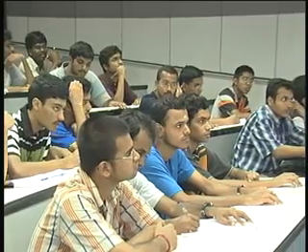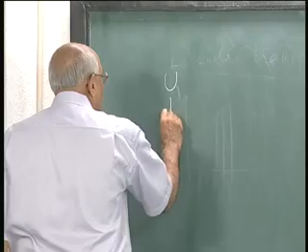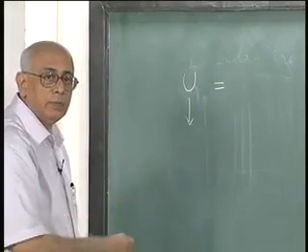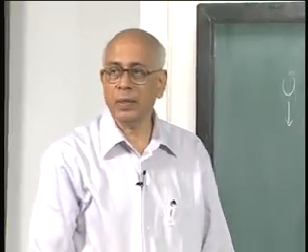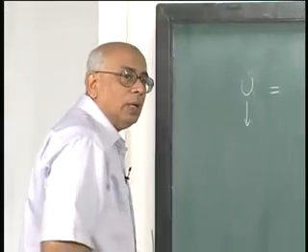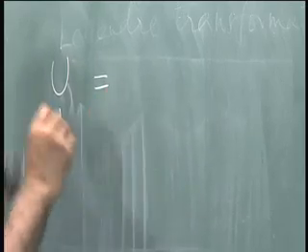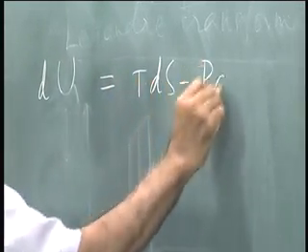You start with the internal energy U, and this internal energy you transform, and what is this a function of? What is dU a function of? Well, dU is TdS minus PdV for a fixed number of particles. So therefore U is a function of S and V. So this in general dU, the first law of thermodynamics, can be written TdS minus PdV.